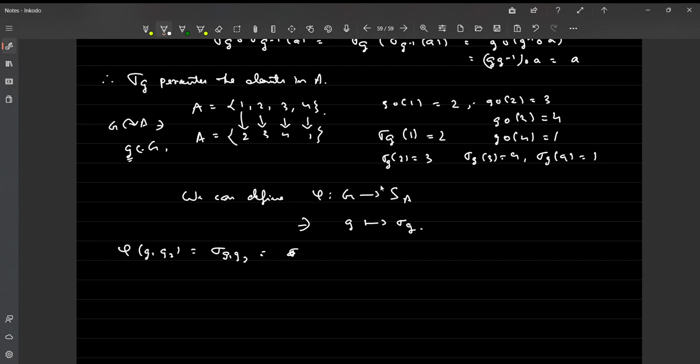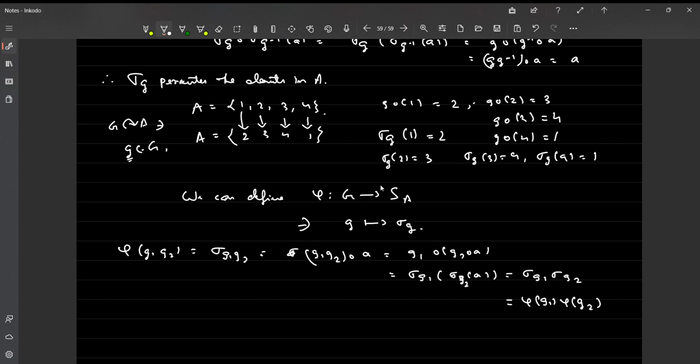And sigma G1 G2 is G1 G2 acting on A, so this is G1 acting on G2 acting on A, which can be written as sigma G1 of sigma G2 of A. By the composition operation, this is in multiplicative form, so it is sigma G1 sigma G2, which is nothing but phi G1 phi G2. So this is a homomorphism.